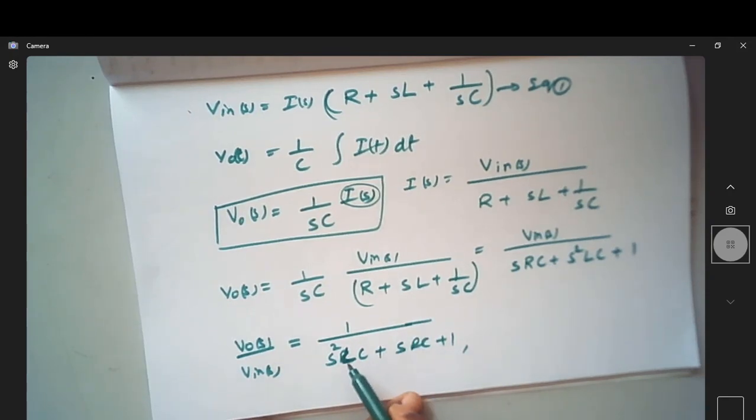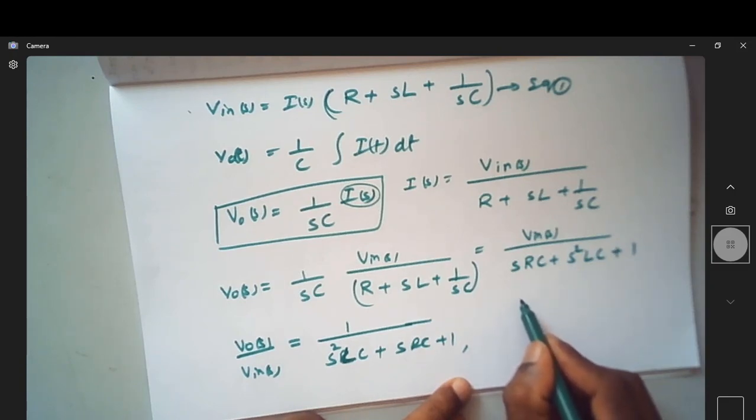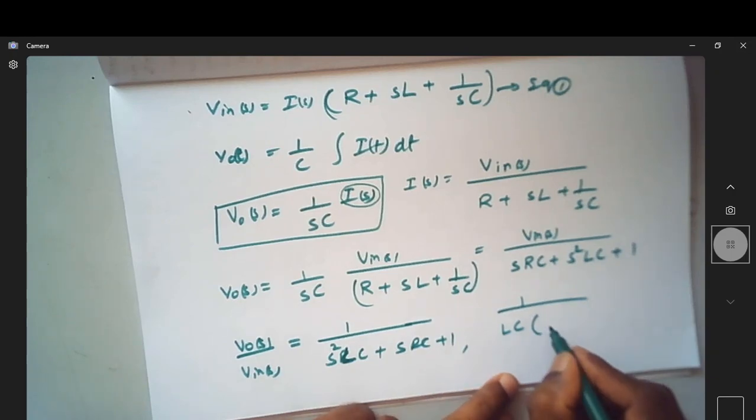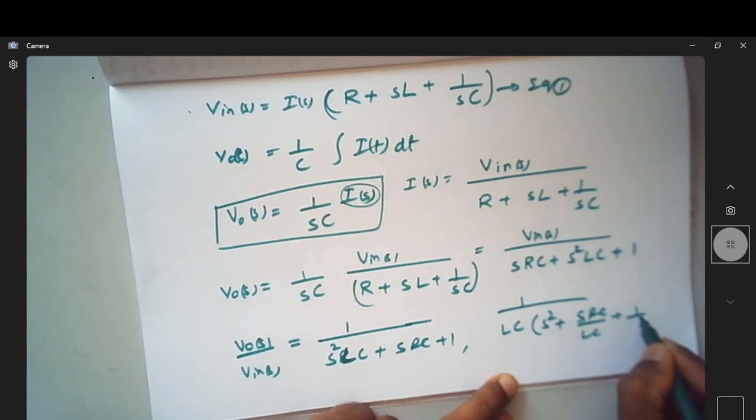Suppose if you want to write the coefficient of S square as 1, so that I can take out 1 over LC, I'll take out LC as outside. Will it not become S square plus SRC by LC plus 1 over LC?